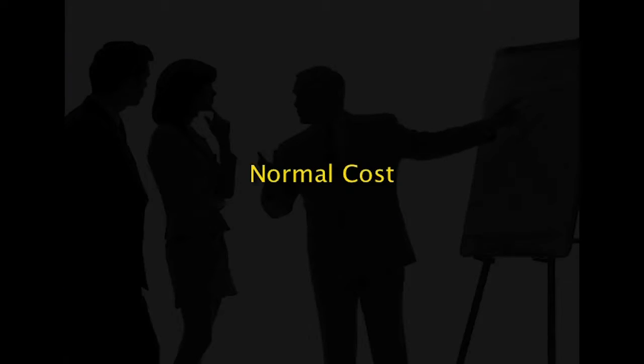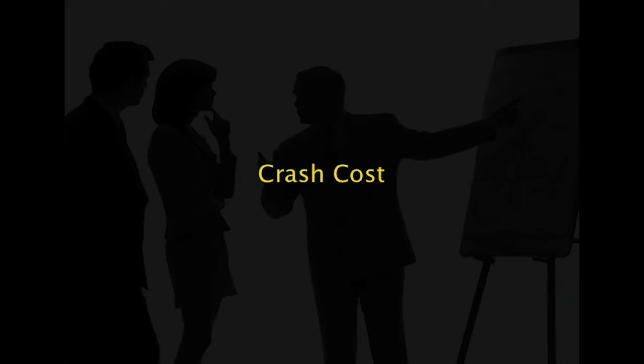It is usually the longest time for the project. Normal cost. The cost involved when activity is performed in a normal way and it is the least expensive. Crash cost. The cost involved when activity is performed on crash basis without consideration of the costs involved. Time saving is the main criteria here.